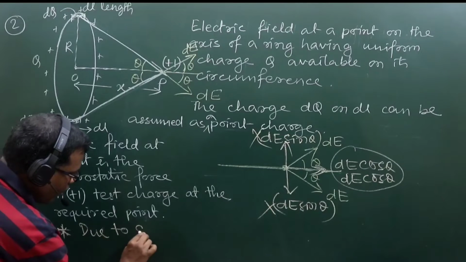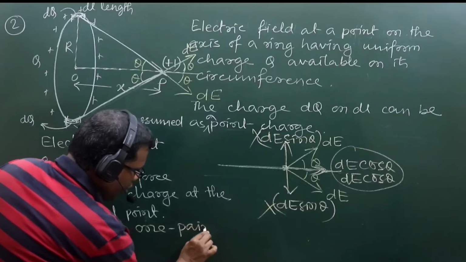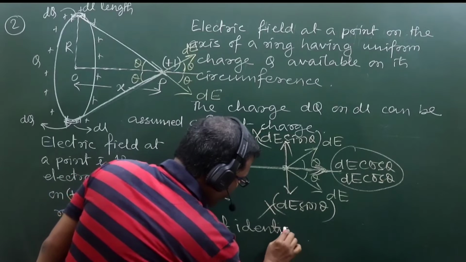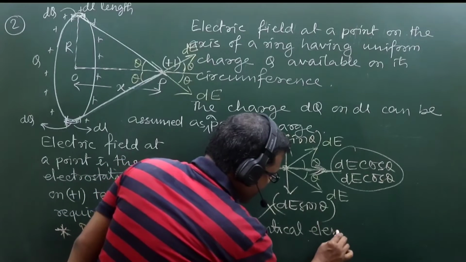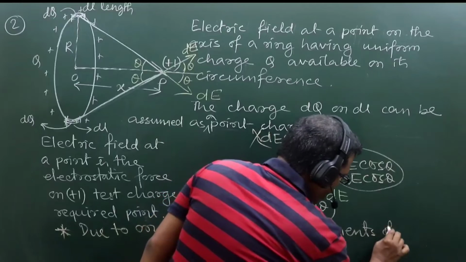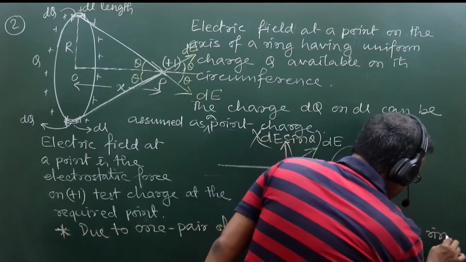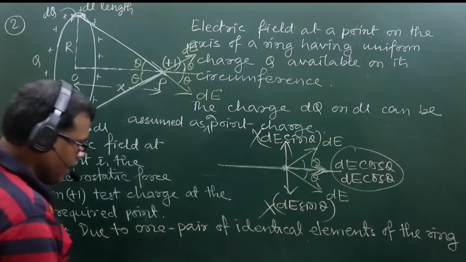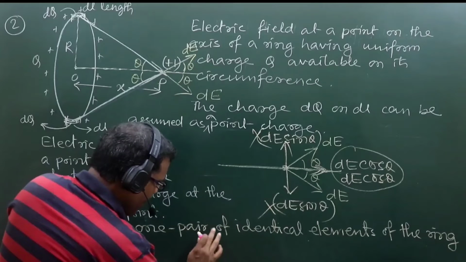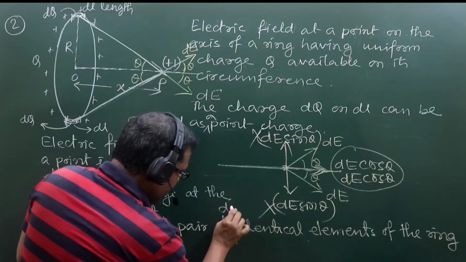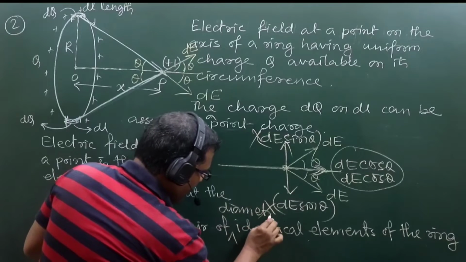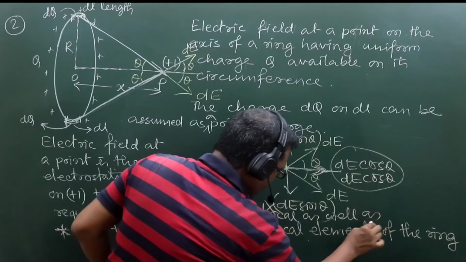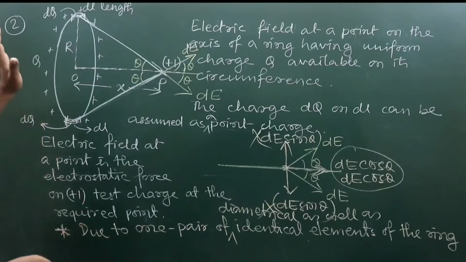Due to one pair of identical elements of the ring, one diametrical pair, as well as identical, right? It is identical as well as diametrical in position.